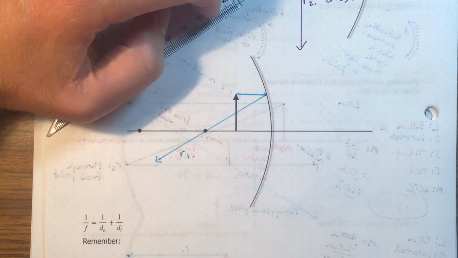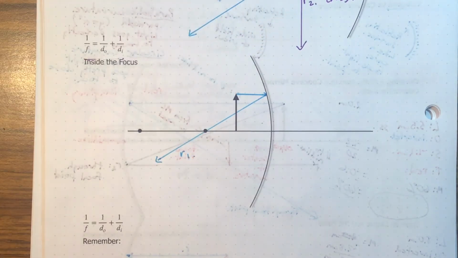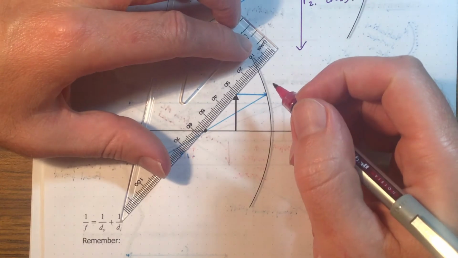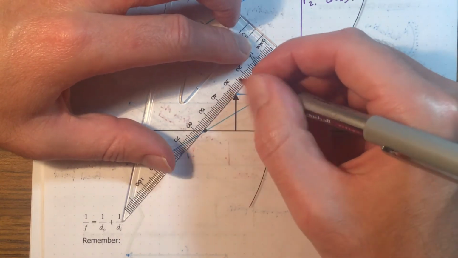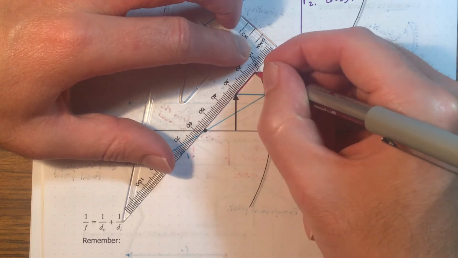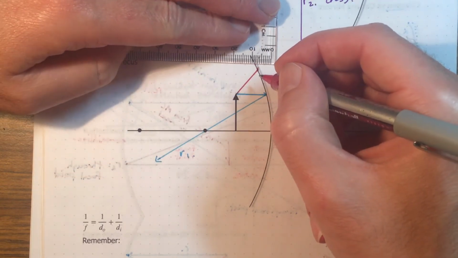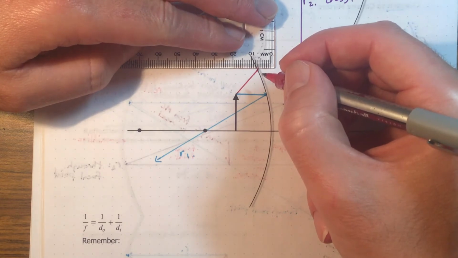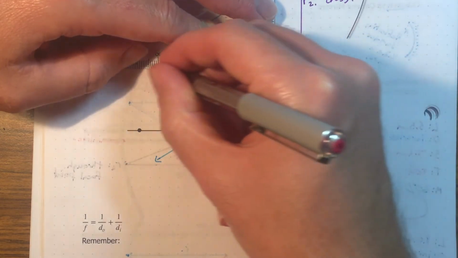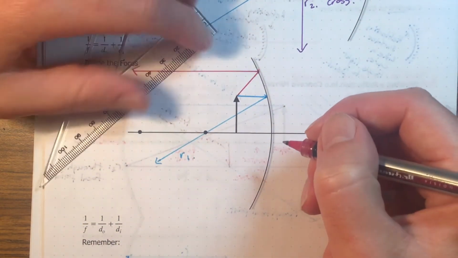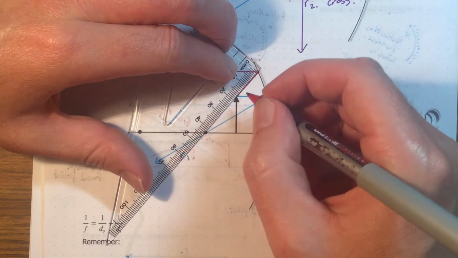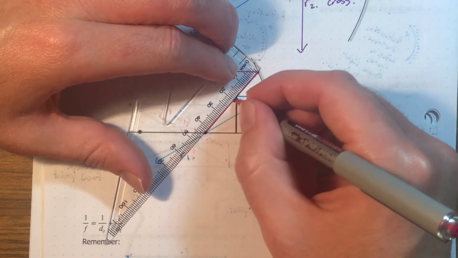Our second one, we actually kind of do it backwards. We start at the focus, so ray 2, we go up to here, and then we reflect it parallel back. I'm just going to draw it completely because we start back here.